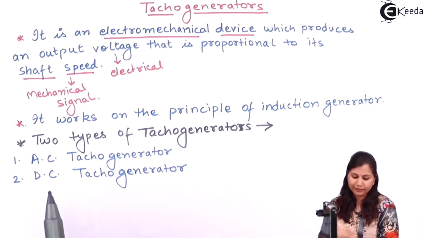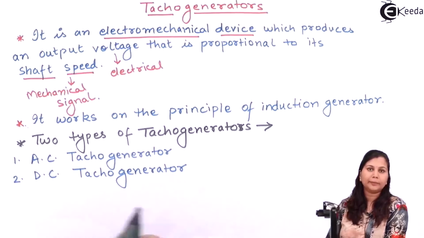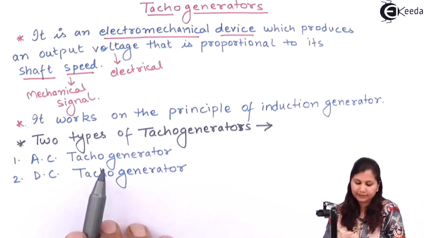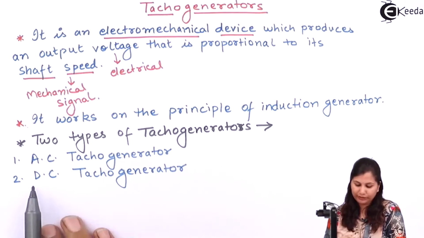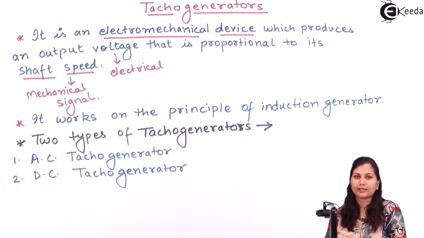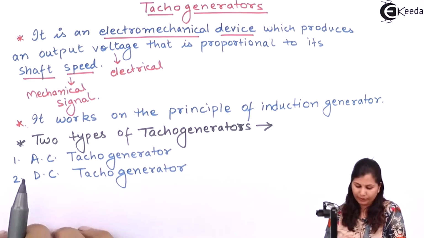They are classified according to the input signal. If the input signal is AC, it is called an AC tacho generator, and if it is DC, then it is called a DC tacho generator.